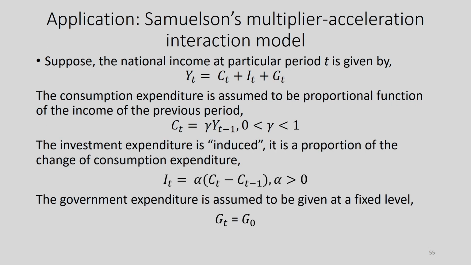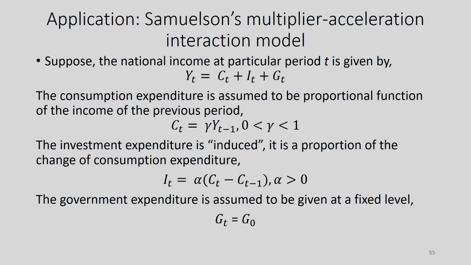Now we talk about one important application of the second order difference equation, and this is the multiplier acceleration interaction model proposed by the famous economist Paul Samuelson. Some of these things that we are going to see have been introduced earlier.